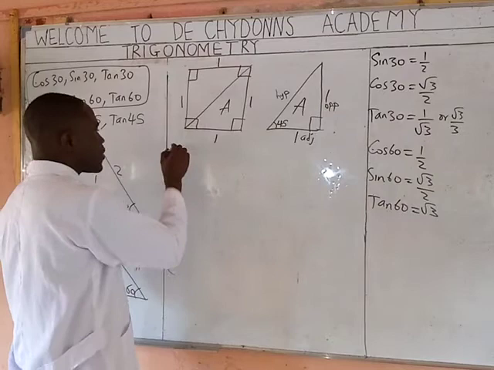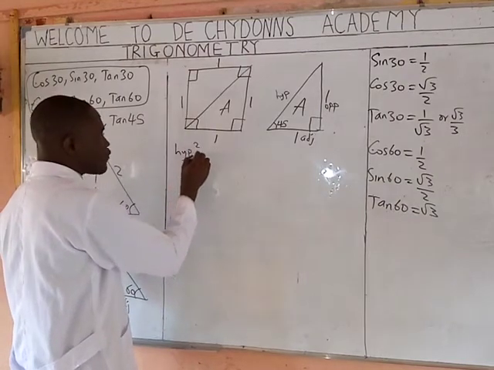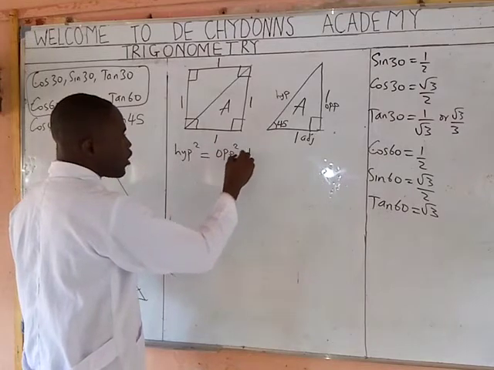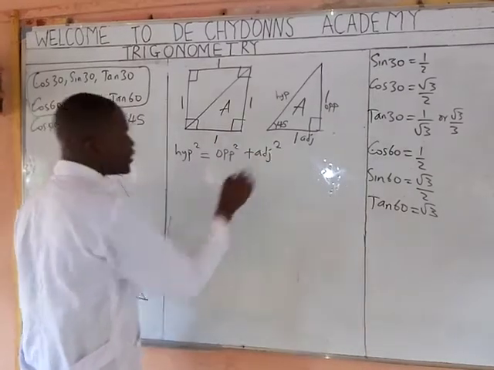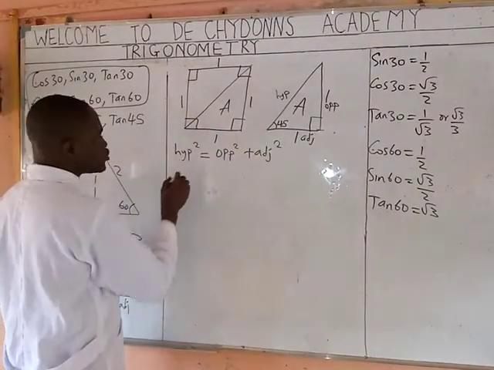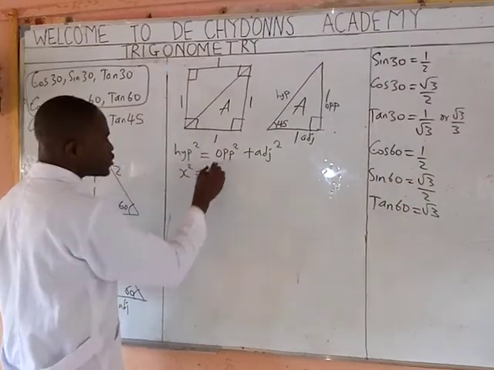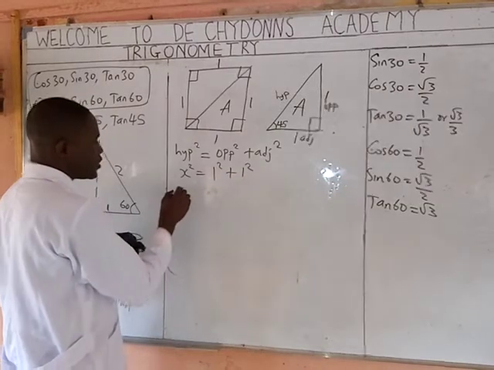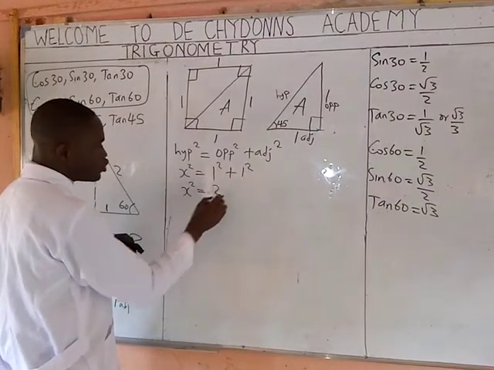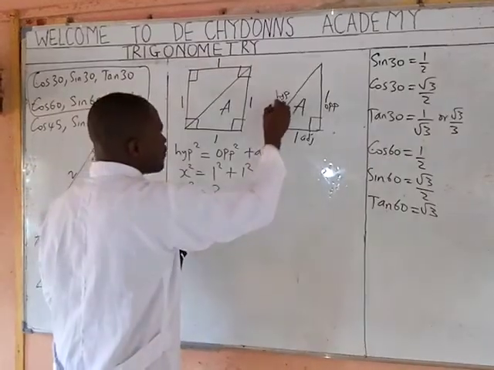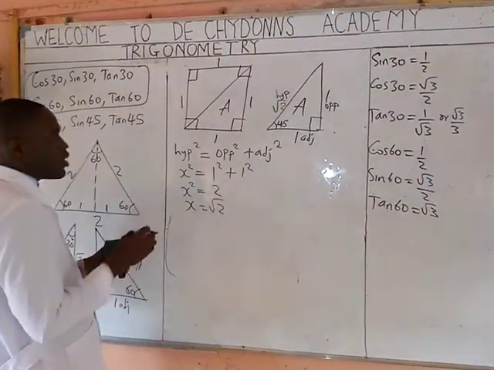Hypotenuse squared equals opposite squared plus adjacent squared. We are looking for the hypotenuse: 1 squared plus 1 squared. X squared equals 2, so X equals root 2. We now have the hypotenuse to be root 2.